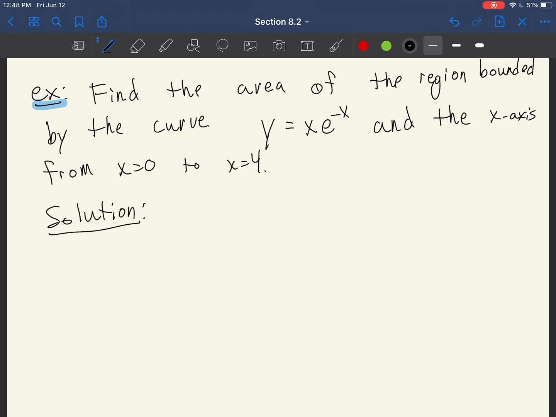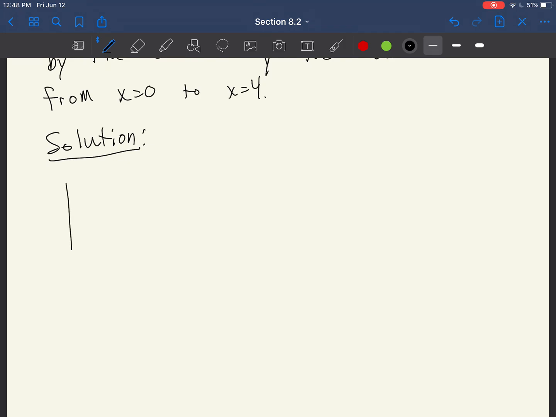So I say solution, and we are going to solve this, but I'm just going to put the graph in the solution.